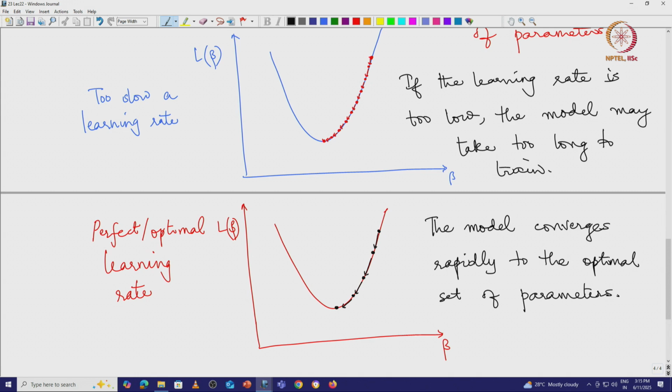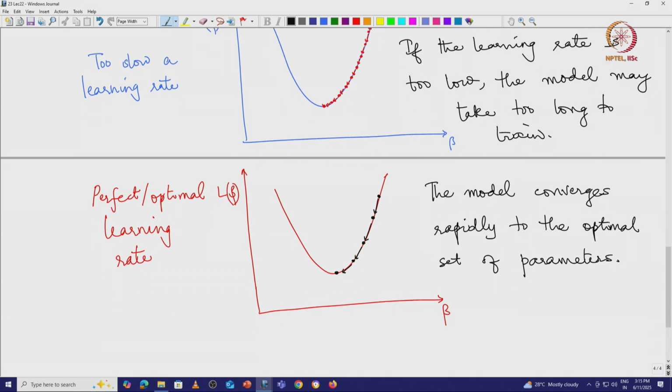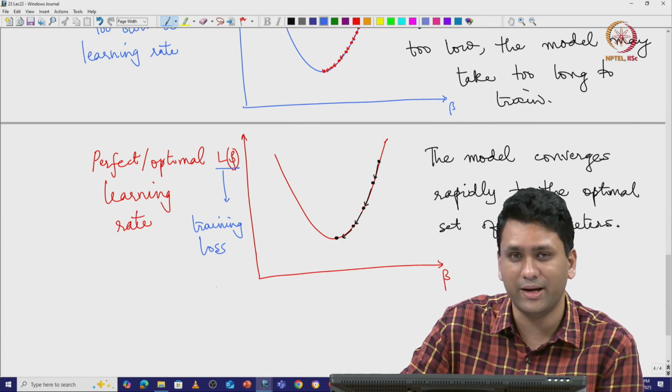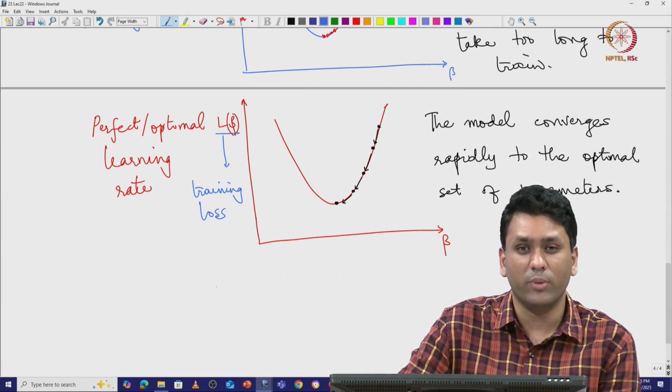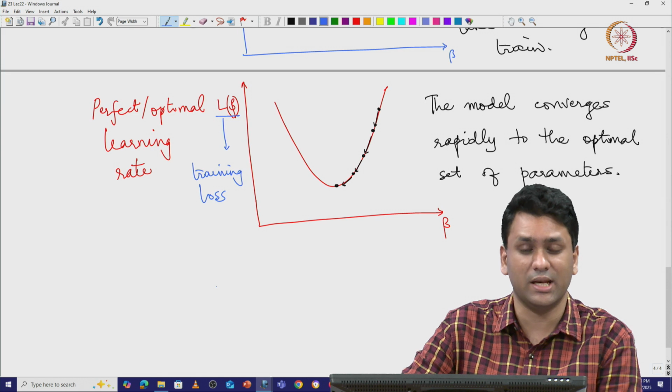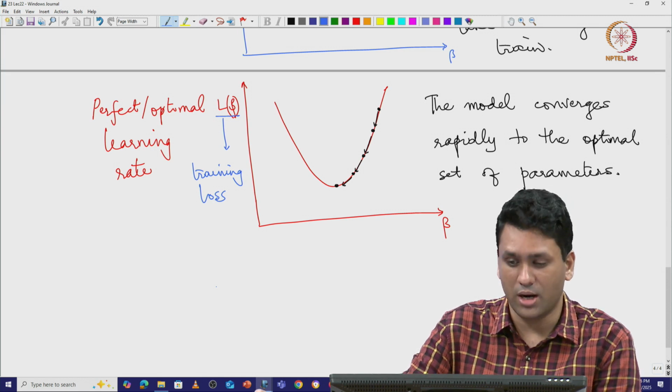Right, and in these cases mostly you should note that I have plotted the training loss. Typically one also plots a validation loss separately to make sure that the model is not overfitting or underfitting.